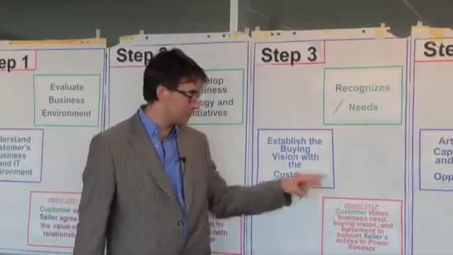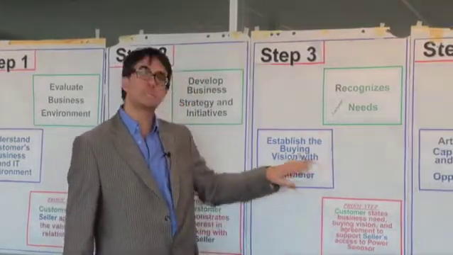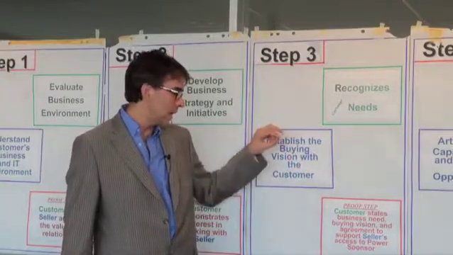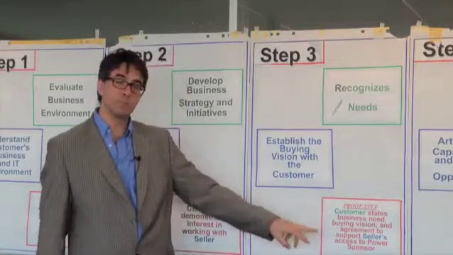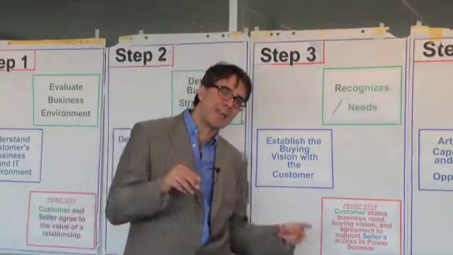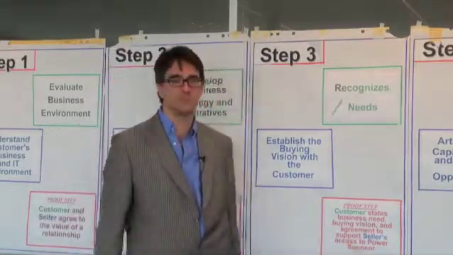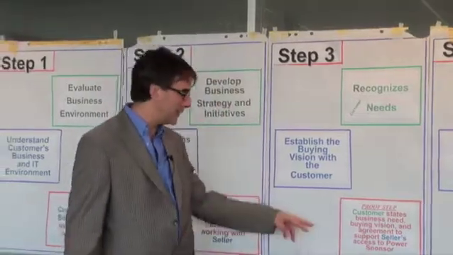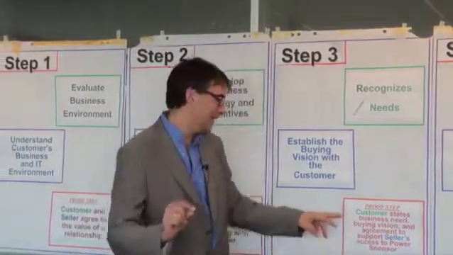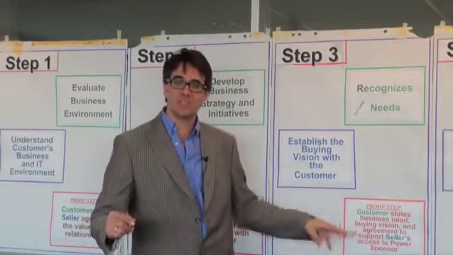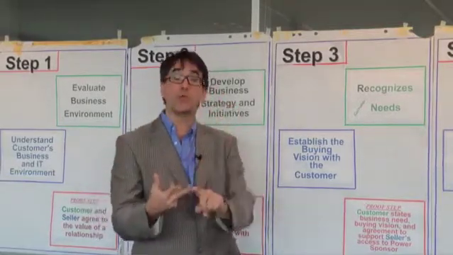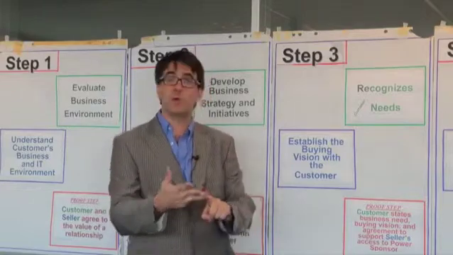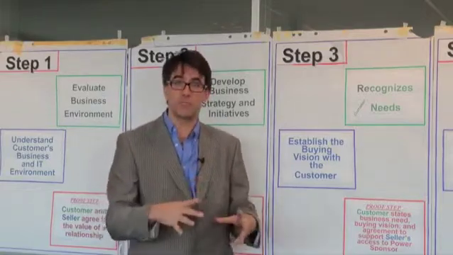How do you prove this? The proof step. The customer states their business need, their buying vision, and the agreement to support the salesperson's access to the power sponsor. That took a little bit of a long time to say. Basically, what it says is that the customer says, "I know what I want, I know why I want it, I know what it's going to do for me, and I know who I've been speaking to to help me arrive at this place.